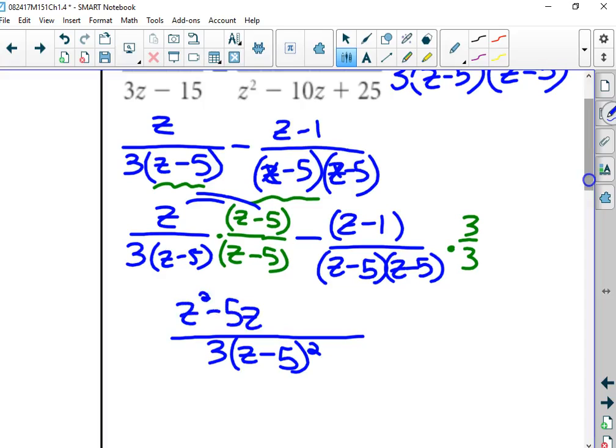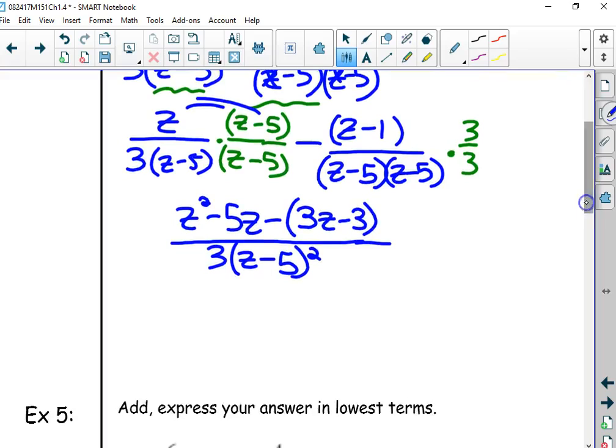I'm going to be really careful with the next one. I'm going to put a negative because I'm going to have to distribute that negative, and I can't distribute and multiply at the same time. If you can, go ahead and do it. So 3 times z minus 1 is 3z minus 3. And now we're going to distribute the negative and see if we can simplify the numerator.